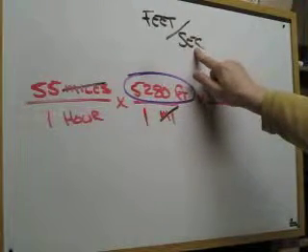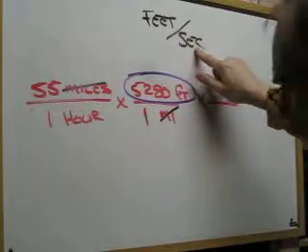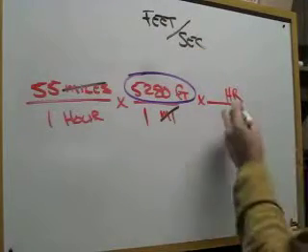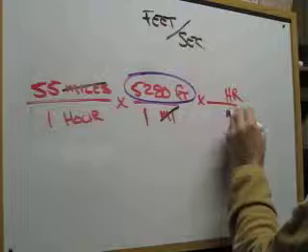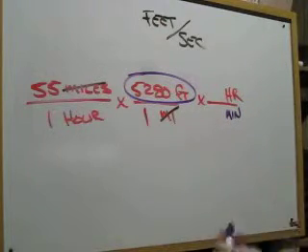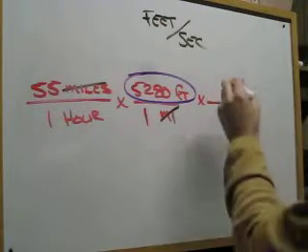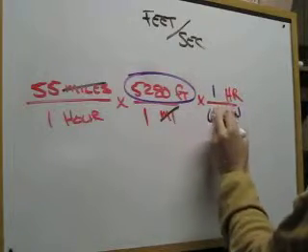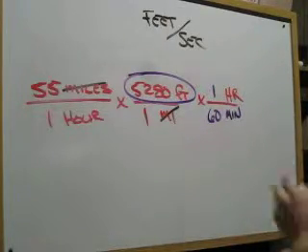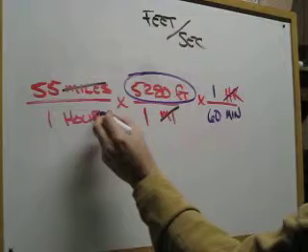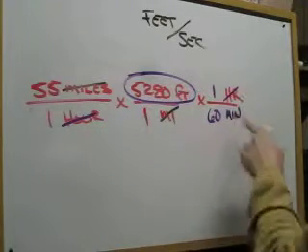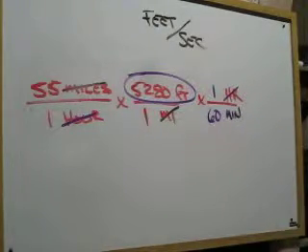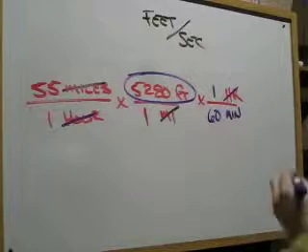Well, no, not really, but we do know something about hours and minutes. So we can at least convert our hours to minutes, and then maybe go from the minutes to seconds. So we know 1 hour is 60 minutes. So we can cancel our hours there and there, because this is on the bottom, that's on the top. Are minutes what we're looking for? No, they're not. So we've got to keep going.